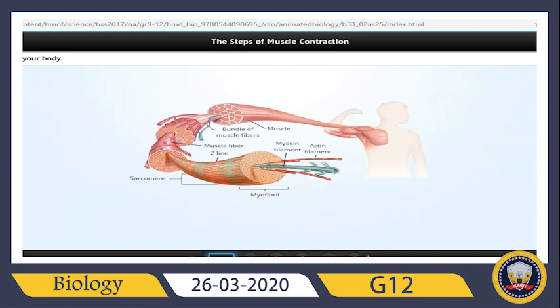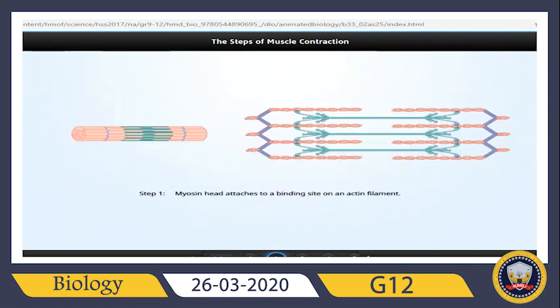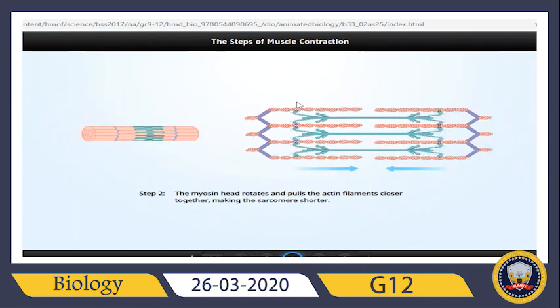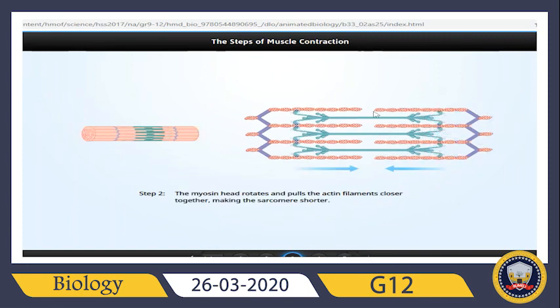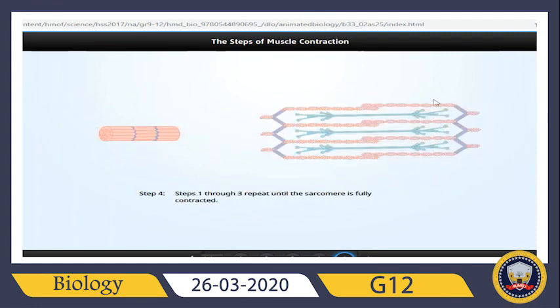Good. Let's continue. When we contract, the sarcomere will get shorter. How does this happen? Here the myosin head rotates and pulls the actin filaments closer together. Why? Because there's a binding site here. The binding site will pull the actin inward toward the M line. It will repeat this process using ATP until a full contraction is reached.